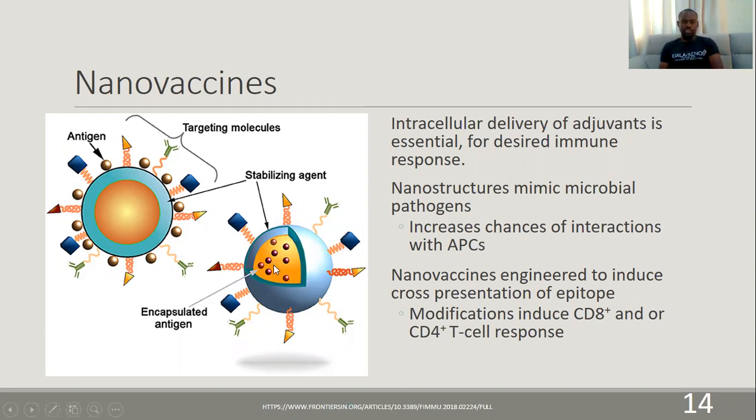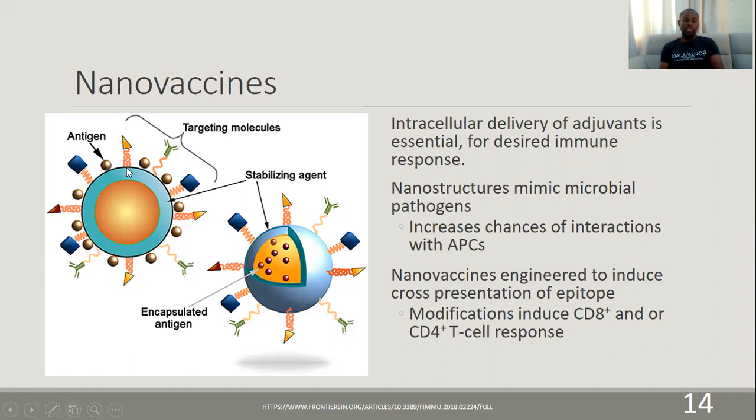Having seen those structures, here we have two different structures of the nanovaccine. We have one where the nanovaccine is within the nanoparticle, and one where the vaccine antigen is on the surface of the nanoparticle. Where the antigen is on the surface, we're looking at a piece of the cancer cell, or of the viral particle, or whichever pathogen we're dealing with.